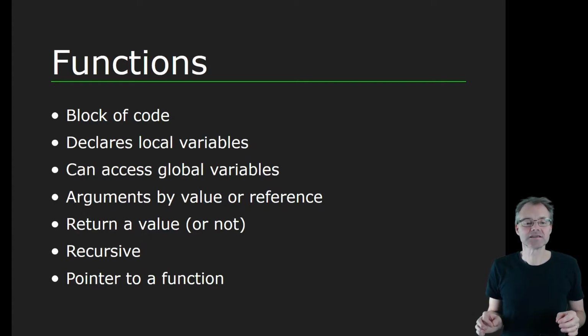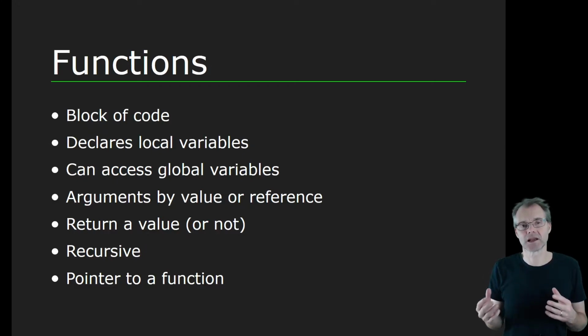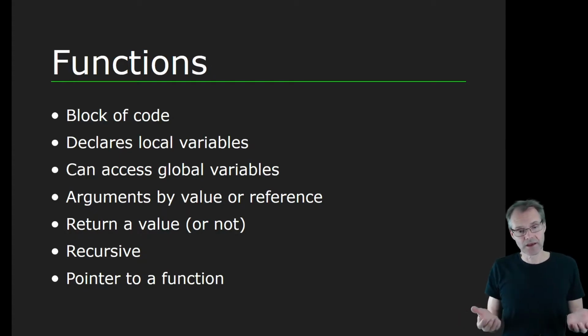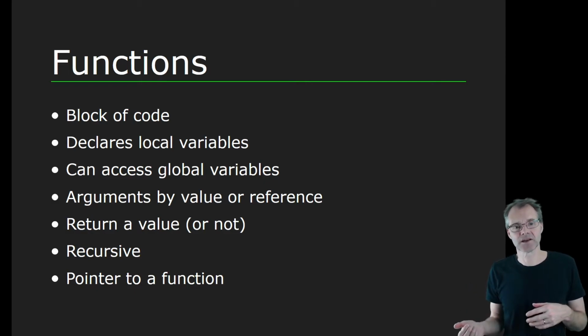We have functions in C where we name a block of code which we can call, and in each of these functions, or in the block of code, we can declare local variables. We can also access the global variables that are defined somewhere else. We can send parameters or arguments to the function, by value or by reference.